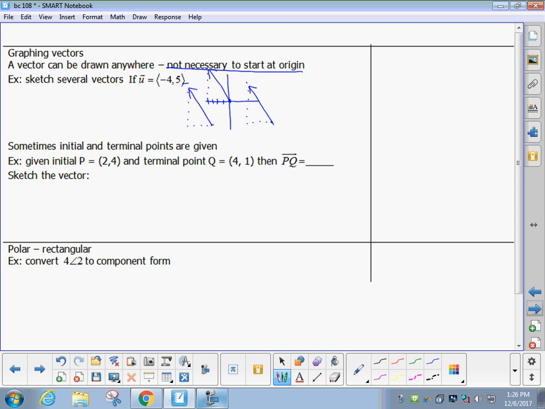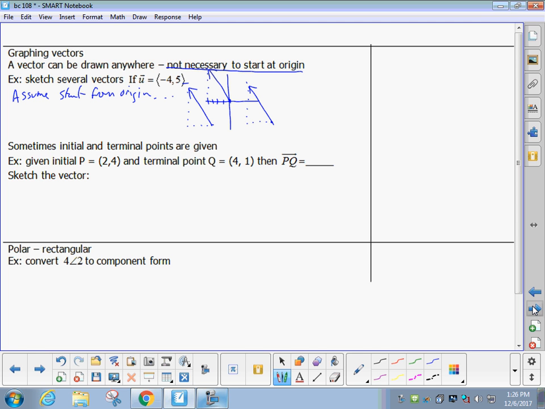All those could be vector U. Now, typically, we assume starting from the origin in most cases, unless they say otherwise, but it really can be anything. You follow?